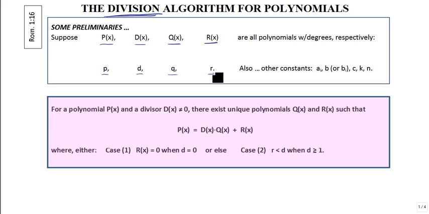Now, the capital P polynomial is referred to as the dividend polynomial. The capital D is the divisor. Cap Q is the quotient, and cap R is the remainder.